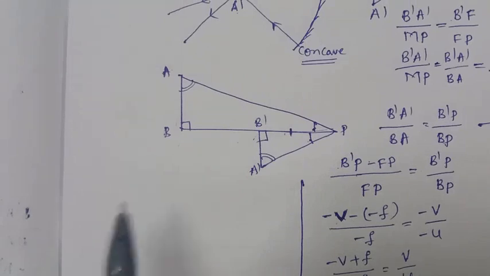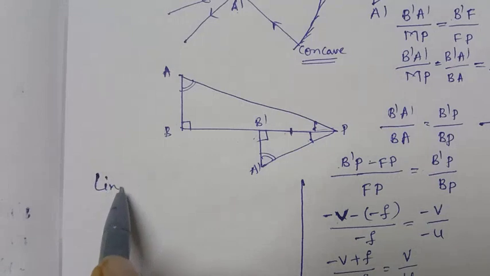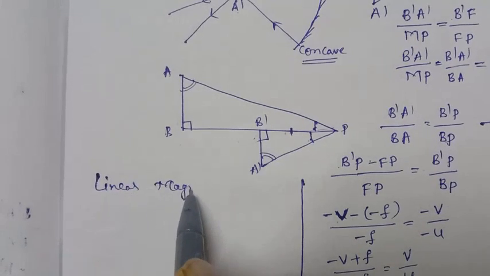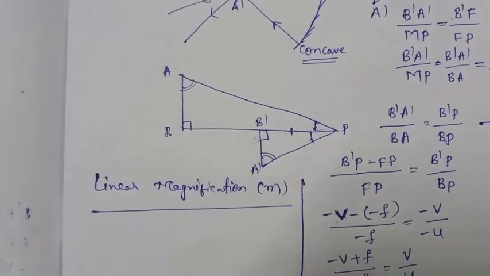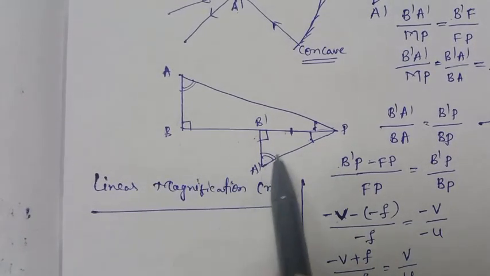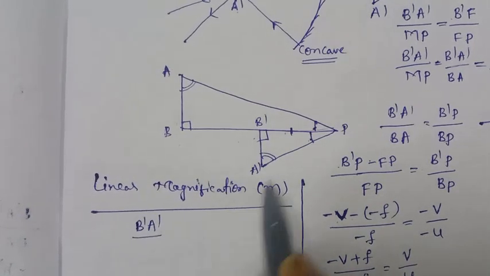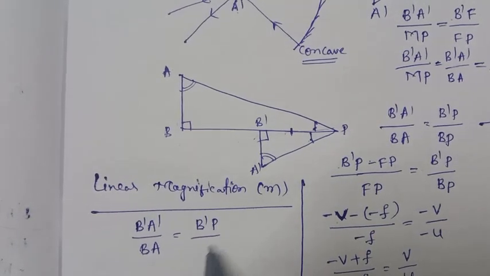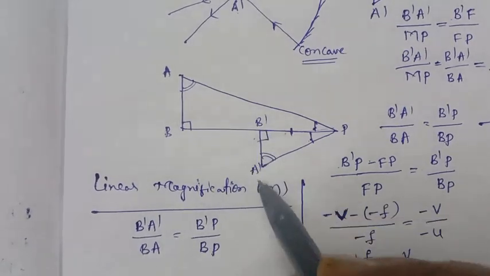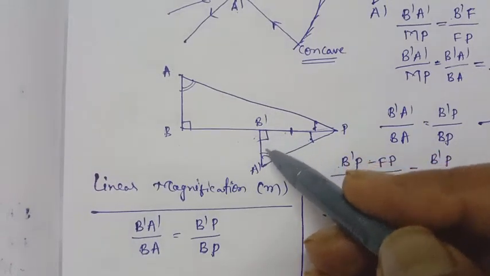So in that subtopic, what is the linear magnification? It is indicated with the letter small m. Okay, from this triangle already we are getting a dash b dash upon ba is equal to b dash p by bp. B dash a dash is nothing but the image height, it is the h dash you have to take.